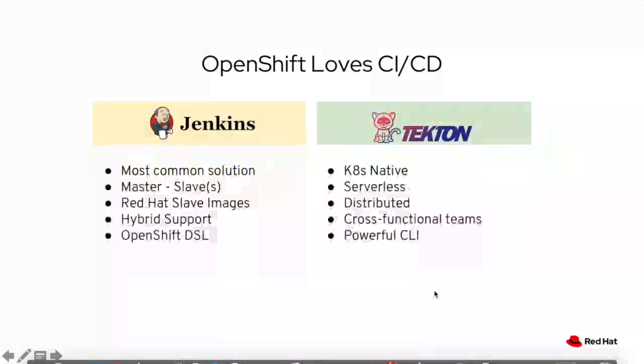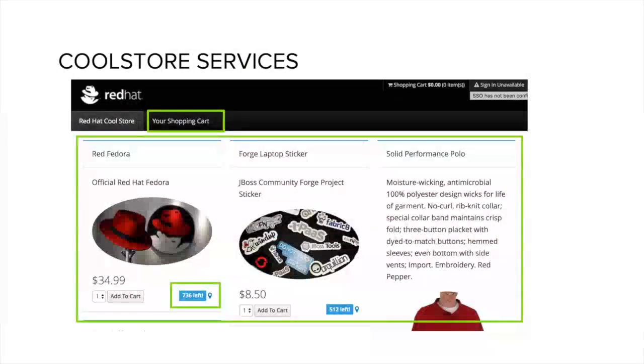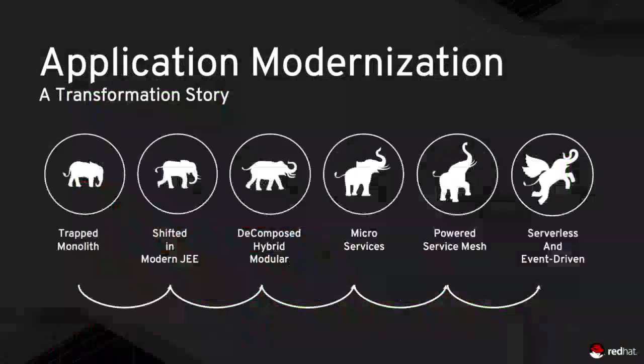All right, we have talked enough today. Let's see some things in action. Today I'm going to demonstrate a migration story. I'll be using this retail store example. It's currently hosted on the Java Enterprise Edition platform on a third-party application server.